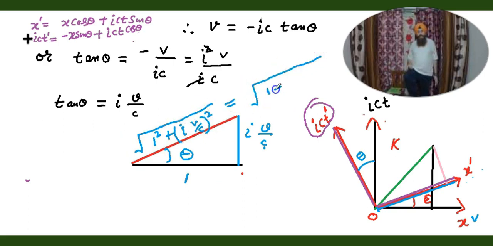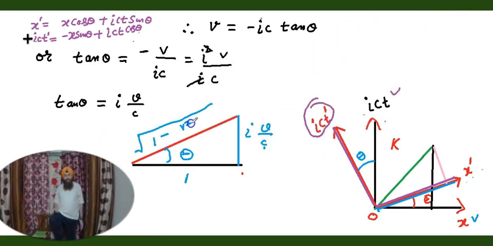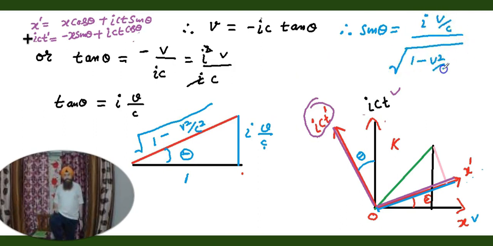So this is root of 1 minus v square upon c square. From this triangle we can find sin theta and cos theta. Now sin theta becomes perpendicular over hypotenuse and cos theta becomes base over hypotenuse.